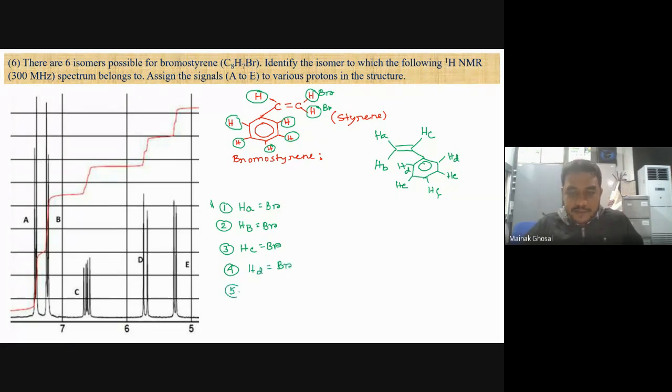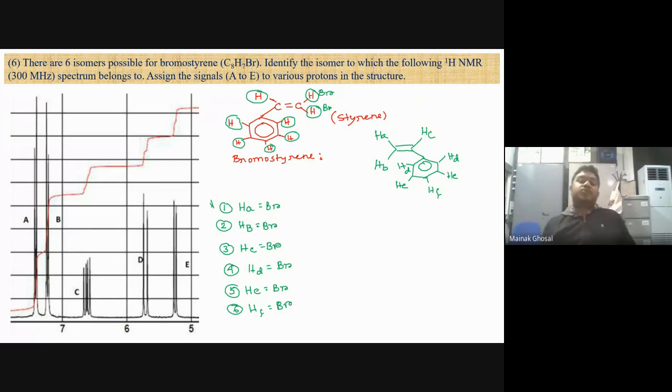Fifth one, HE replaced by bromine. And the sixth one, HF will be replaced by bromine. Okay. These six are the possible isomers of bromostyrene.